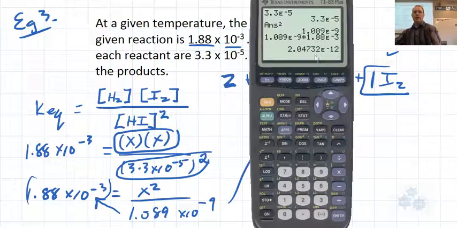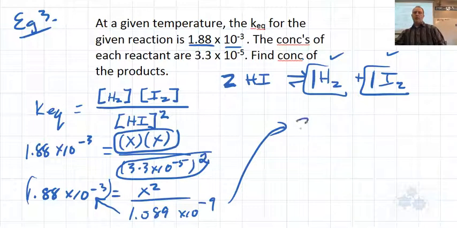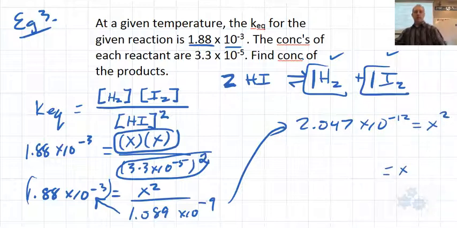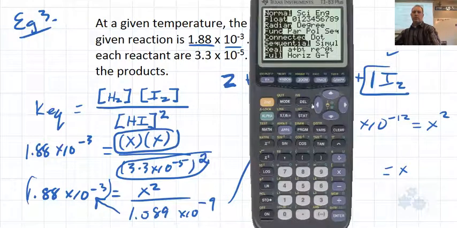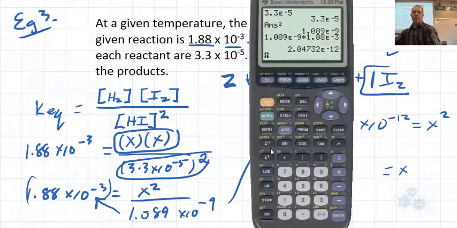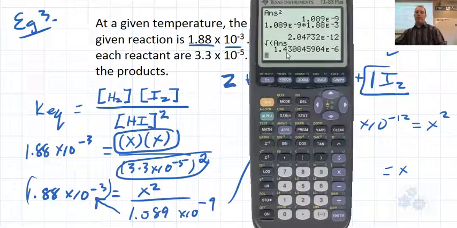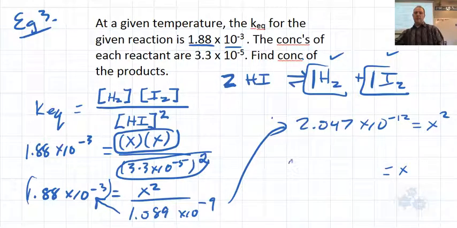Multiply those together, you get this as a number. So that's 2.047 times 10 to the negative 12 equals x squared. And finally, to get x all by itself, you take the square root. We will square root the answer. And we get 1.43 times 10 to the negative 6.